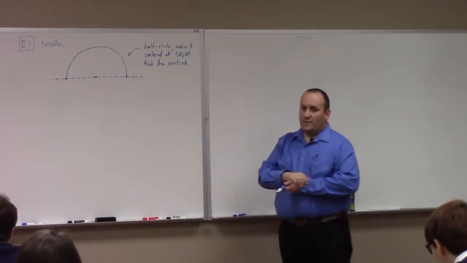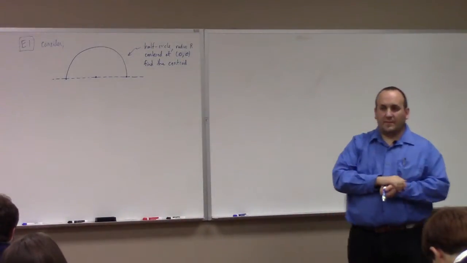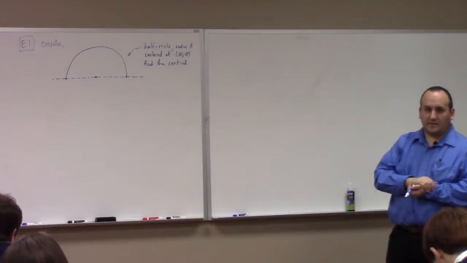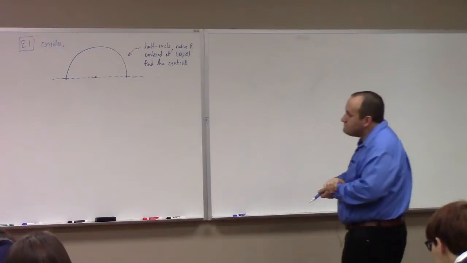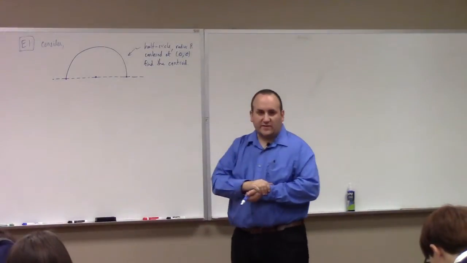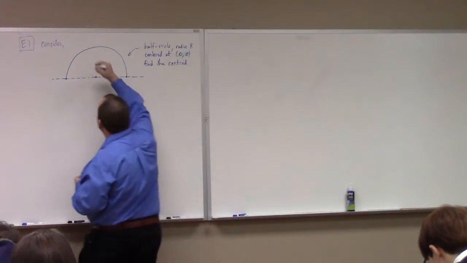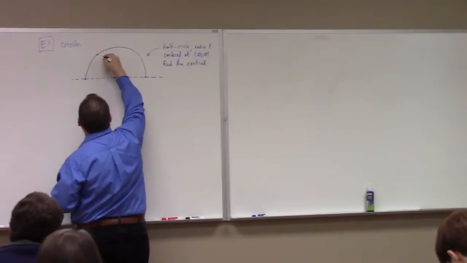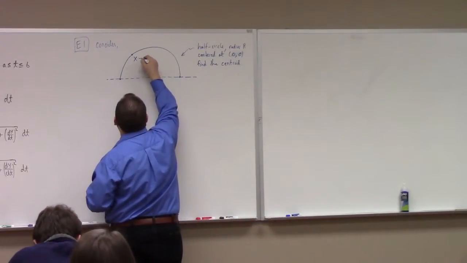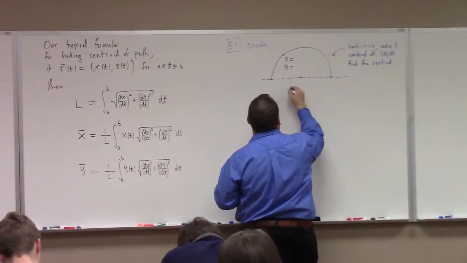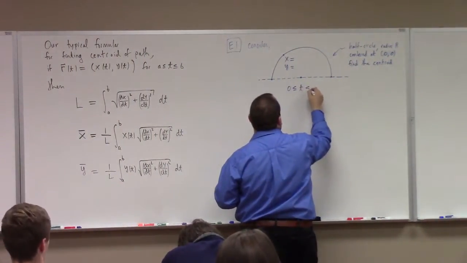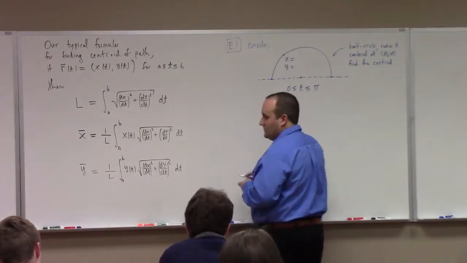If I were to add in that diameter at the bottom, I would have to do further calculation. So what's the parameterization? If I pick a point here, what should x be equal to, and y be equal to there? I'm going to tell you that 0 is less than or equal to t is less than or equal to pi. It's kind of a big hint.